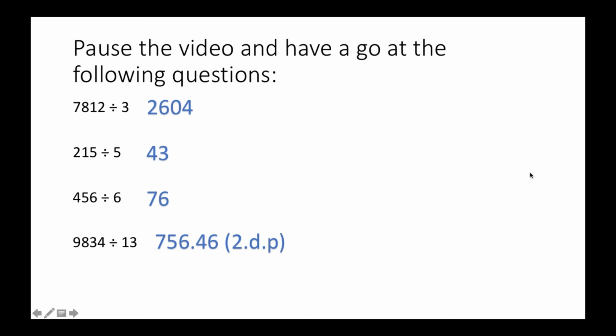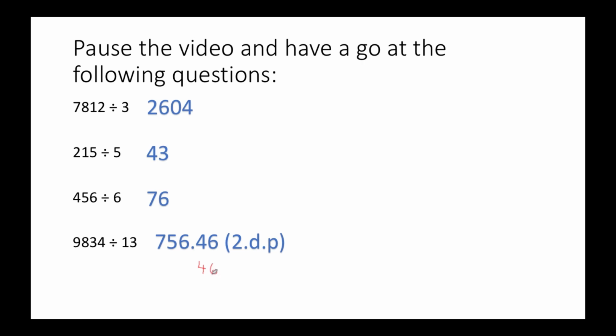So just make sure that when you are doing decimals like this, you don't forget to put the reoccurring dot, or in this case to 2 decimal places, because actually this number was 0.46.